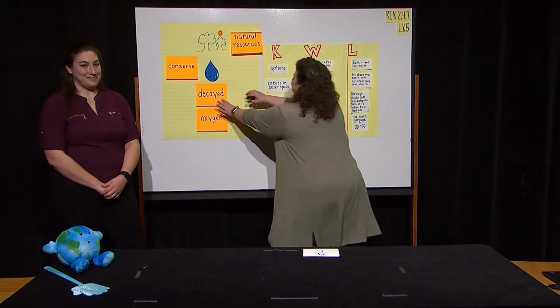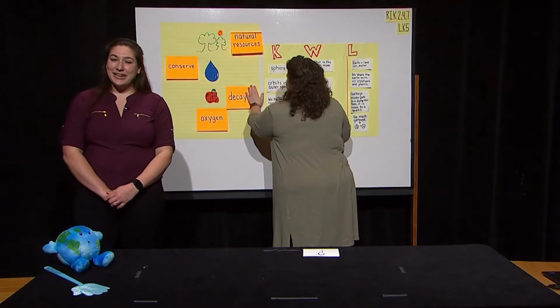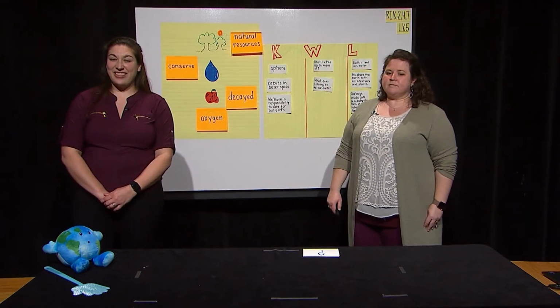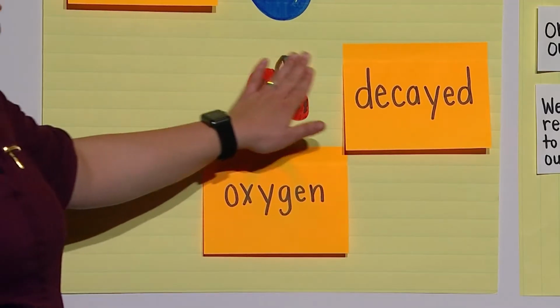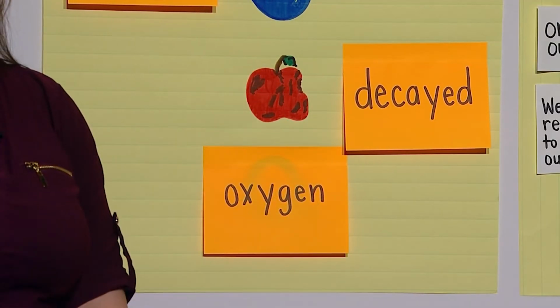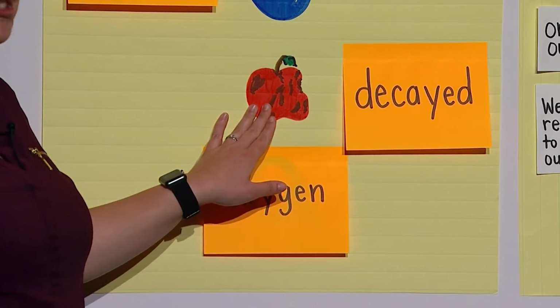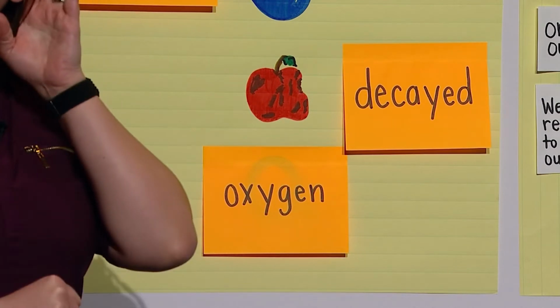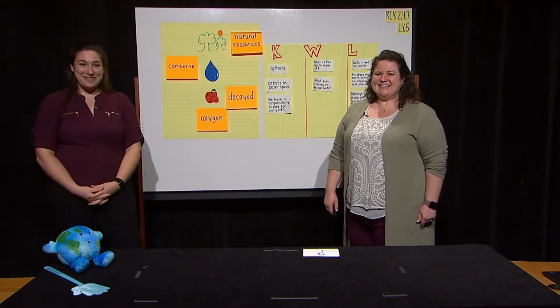Decayed. If I wanted to use that word in a sentence, I could say, the decayed trash in the landfill smelled awful. Look at the picture under the word decayed. This picture is of an apple that is decayed. It's rotten and in the process of decomposing. What's the word? You said it, decayed. That's it.